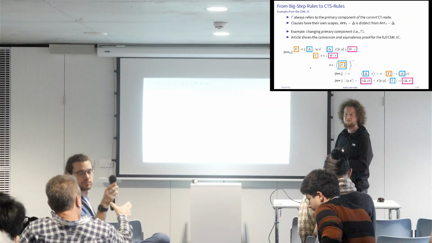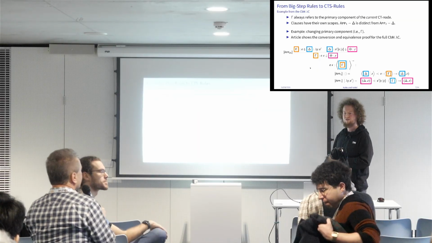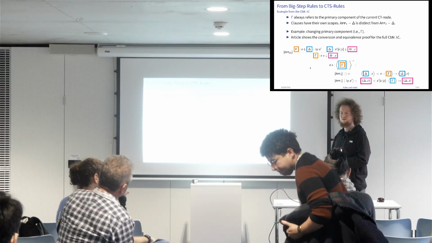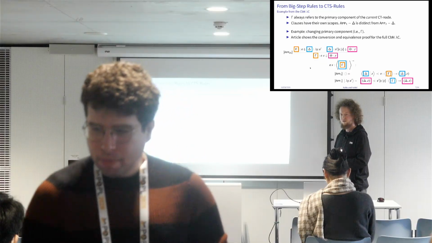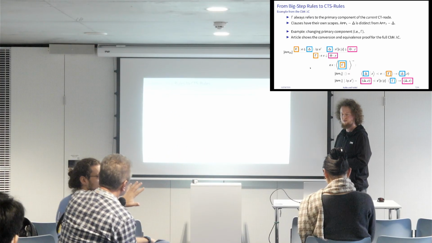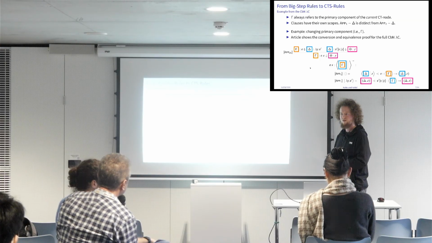There's a question there. Yeah, thanks, Kristian. So the big step semantics has an advantage. I mean, you're alluding to it at the end, of making sure to capture what's independent of each other, which sub-computations.